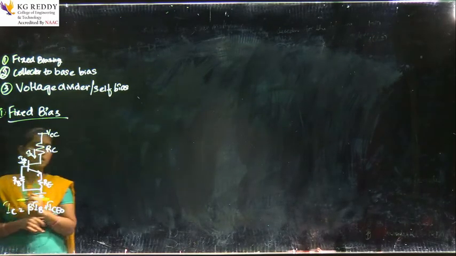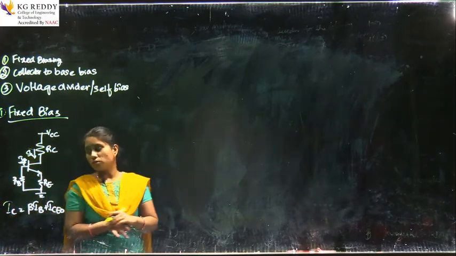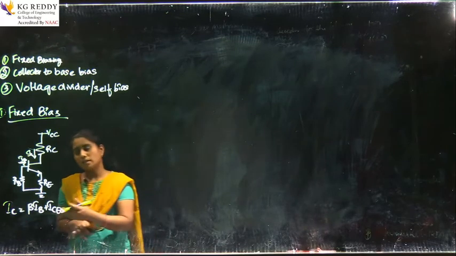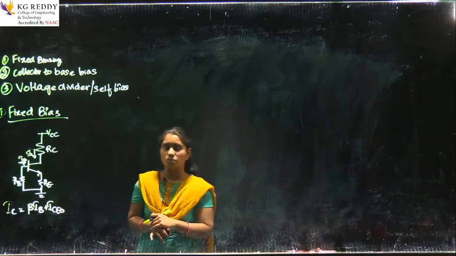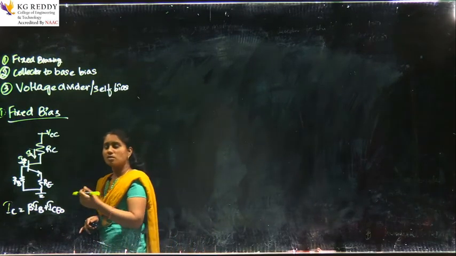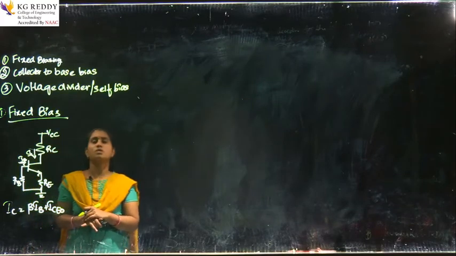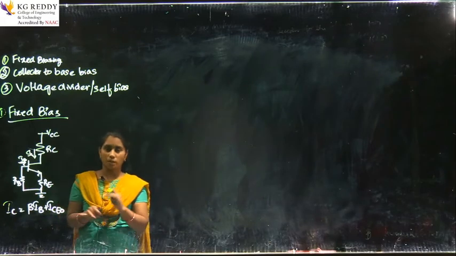As the temperature varies, the minority carriers vary and so there will be a change in the collector current. As the collector current changes, there will be a shift in the operating point, into either saturation or cutoff. So stability can't be reached. Thermal stability can't be achieved in the fixed biasing method due to the temperature variations.